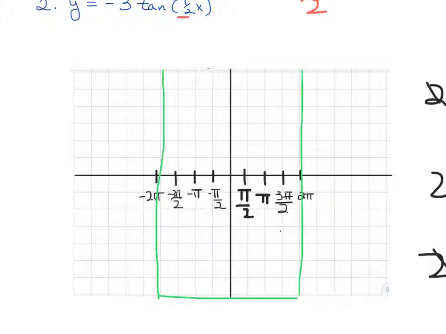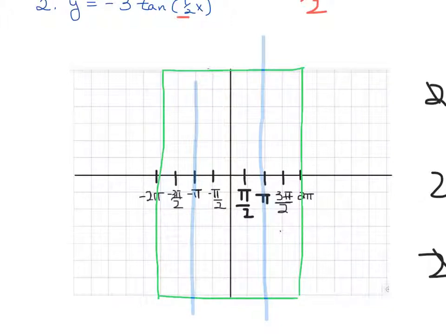Here's the box. So this is the only place I'm interested in seeing my tangent graph. Again, I'm going to draw my asymptote. It's going to be at the halfway point, which was the pi. And now again, I'm going to graph my points.